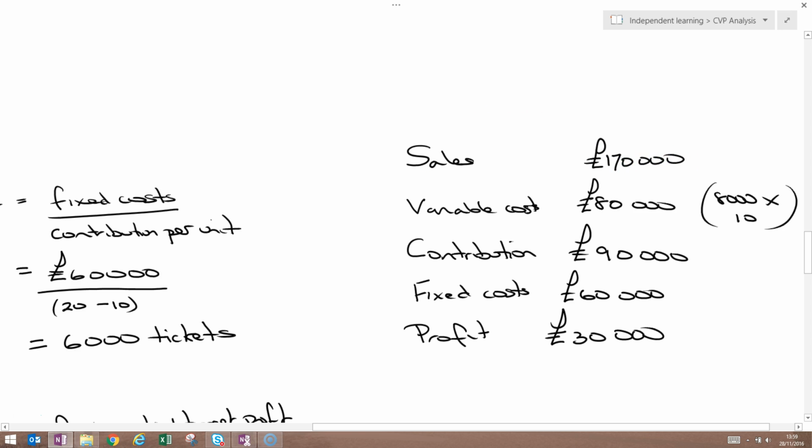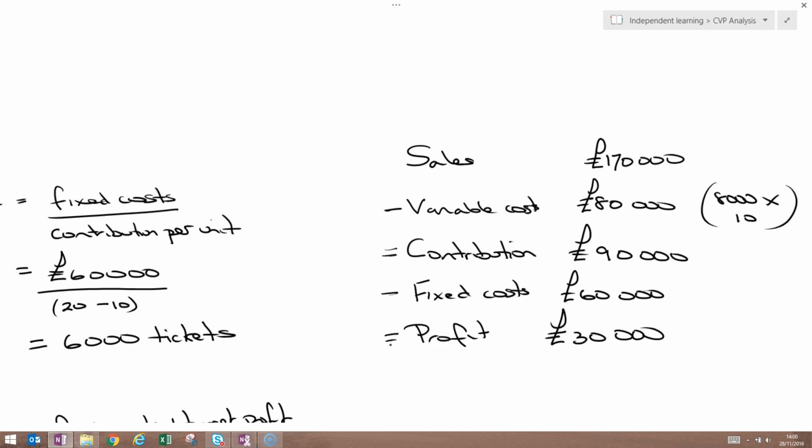So we can just check this. Sales of 170,000 minus variable costs of 80 gives us a contribution of 90,000, minus our fixed costs gives us profit of 30,000.